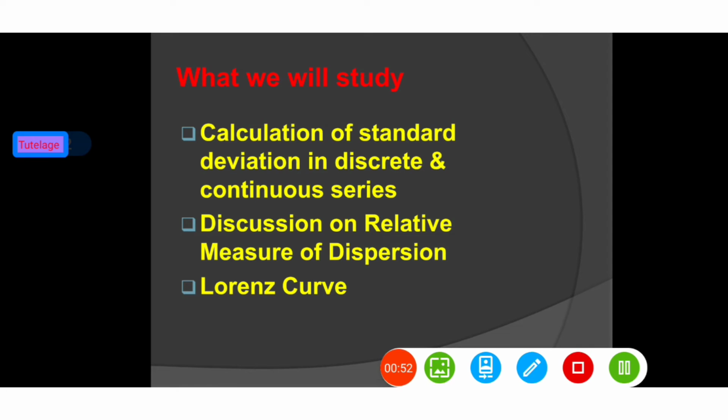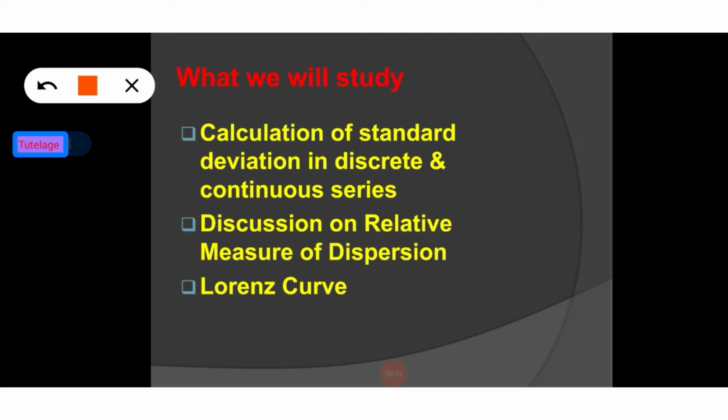First one is the calculation process of the standard deviation in the discrete and continuous series both. Second topic is discussion on the relative measure of dispersion. We already know there are two different ways of measuring dispersion: the first is absolute measures of dispersion and the second is relative measure of dispersion.